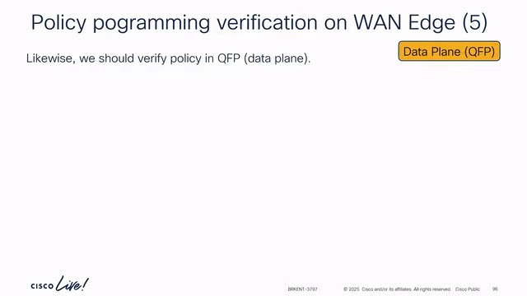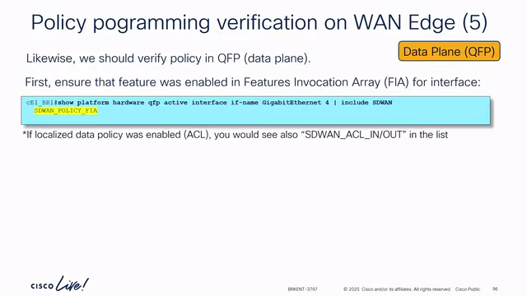Likewise, we need to do the same on the data plane, in QFP, right? In QFP. But before we do so, we need to ensure that the feature is in the feature invocation array applicable for this interface. If it is a data policy or application aware routing policy, this is the name of a feature as it's seen on the interface.